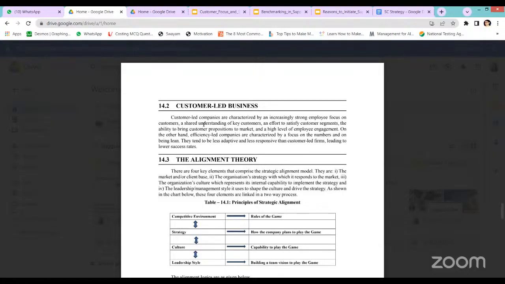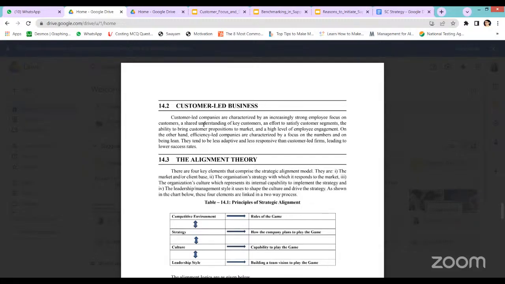One category of entity is characterized by growth with customer satisfaction. The other category of companies grows based on their efficiency. In customer-led companies, you will find a high level of employee engagement in understanding the customers, focusing on the customers, and putting in the effort to satisfy them.